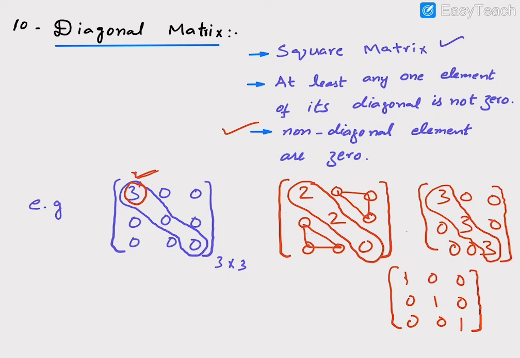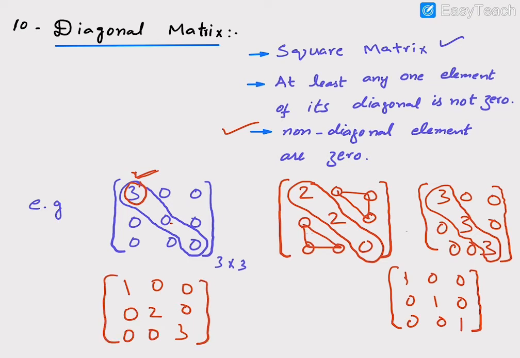So it must be a square matrix. All are square matrices. At least any one element of its diagonal is not 0. One element should not be 0. The other 2 can be 0. All should not be 0. If all 0, then it will not be a diagonal matrix. It will be a null matrix. You can also write like 1 2 3 0 0 0 0 0 0.